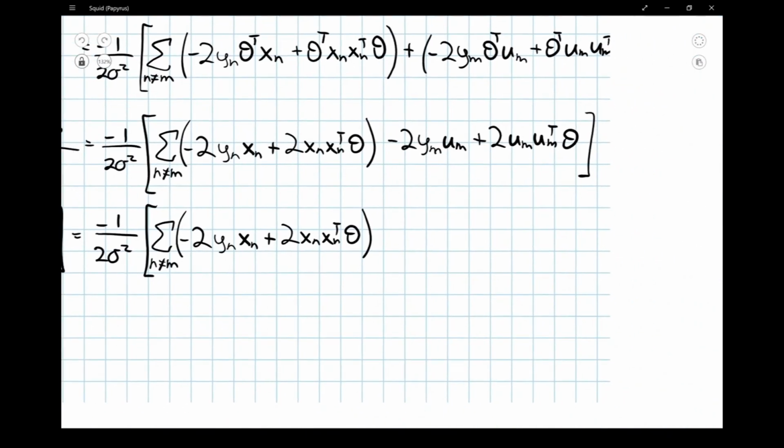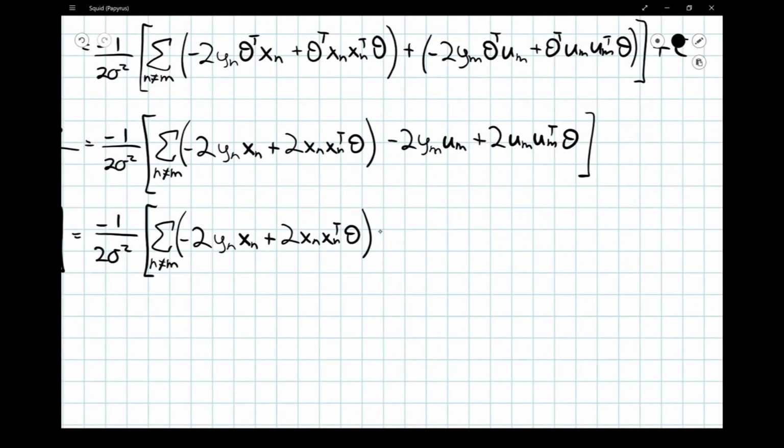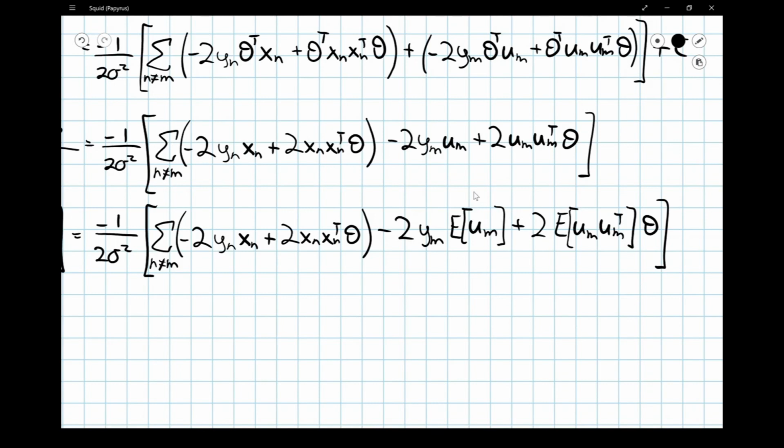But then on the right hand side now we have minus 2 ym, and now we have our expected, plus 2, and now our expected, transposed. And this is going to contain our expected z's, and this is going to contain, we'll see later, but you can probably see already, expected z's and expected z squared.